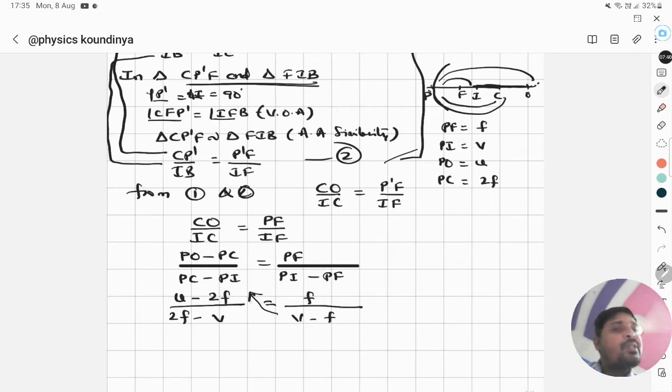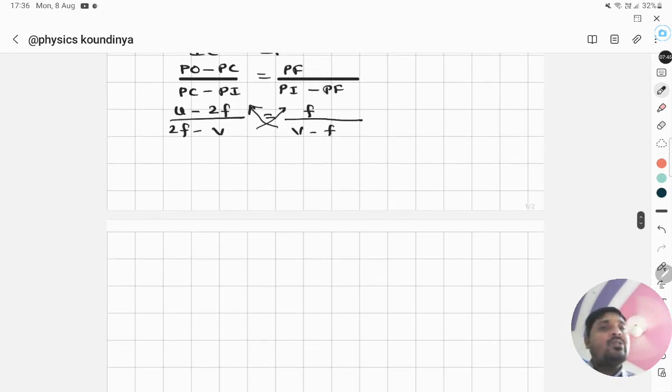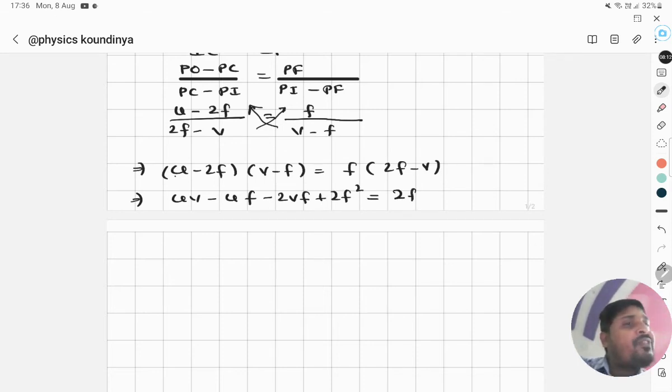Now shall we go for cross multiplication? Yeah. So by cross multiplying, we'll get (U minus 2F) times (V minus F) equals F times (2F minus V). So U times V is UV, minus U times F is UF, minus 2 into VF, plus 2F into F, 2F square, equals F times 2F is 2F square minus F times V is FV.